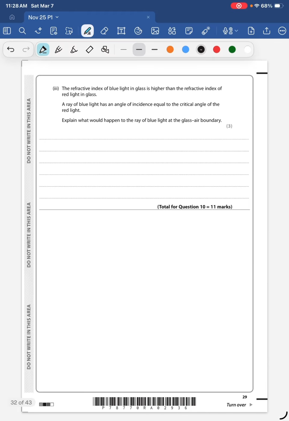1.3. Okay, and 3, the refractive index of blue light in glass is higher than the refractive index of red light in glass. A ray of blue light has an angle of incidence equal to the critical angle of the red light. Explain what will happen to the ray of blue light at the glass air boundary. So higher n means lower critical angle.